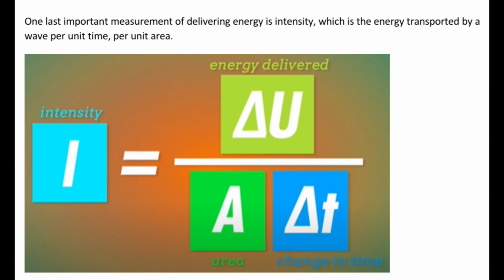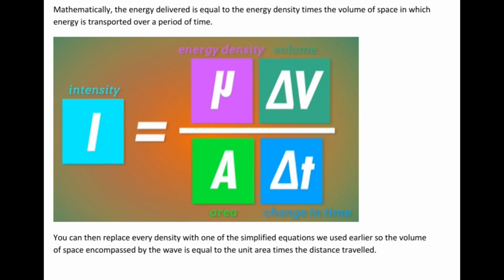One last important measurement of delivering energy is intensity, which is the energy transported by a wave per unit time per unit area. Mathematically, the energy delivered is equal to the energy density times the volume of space in which energy is transported over a period of time. You can then replace every density with one of the simplified equations we used earlier, so the volume of space encompassed by the wave is equal to the unit area times the distance traveled.